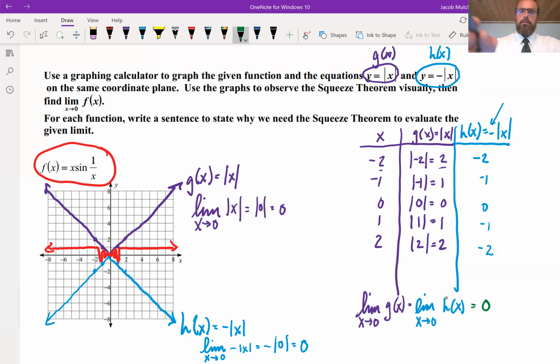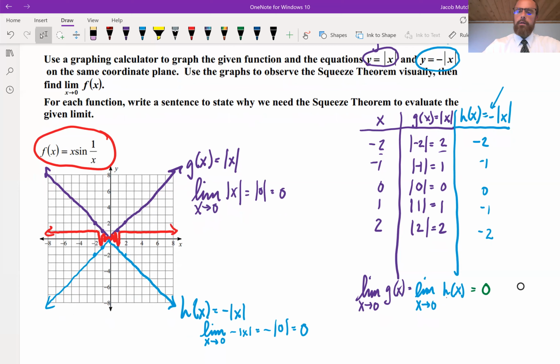Since, and here's where we make our claim about the squeeze theorem, since g of x is less than or equal to f of x is less than or equal to h of x.